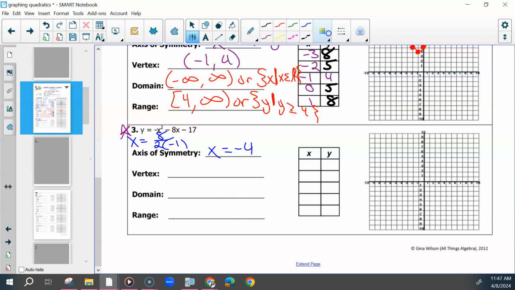And then put that in for all of your x values. Use parentheses. What is that y value?